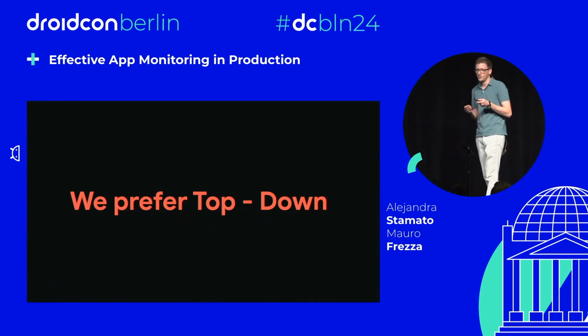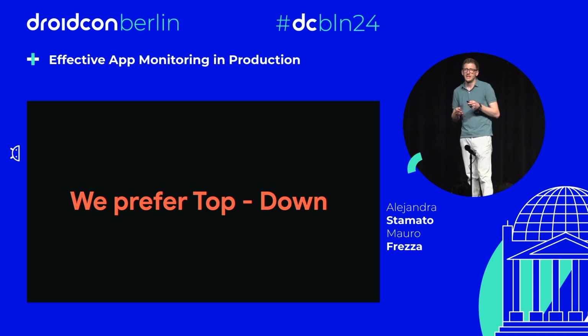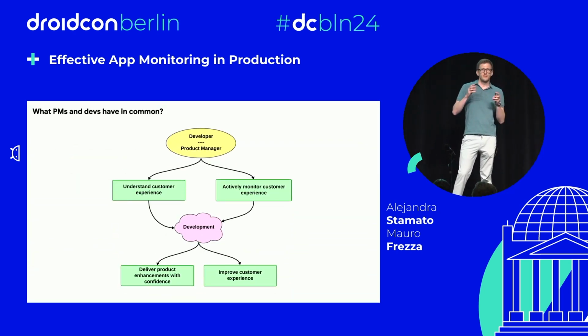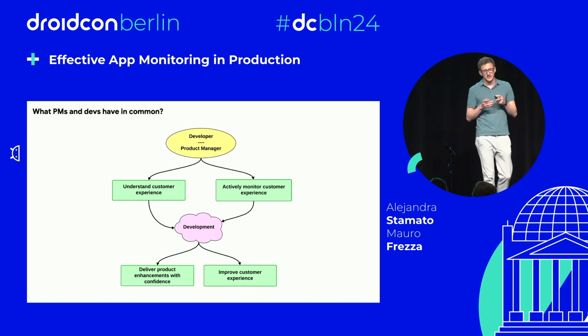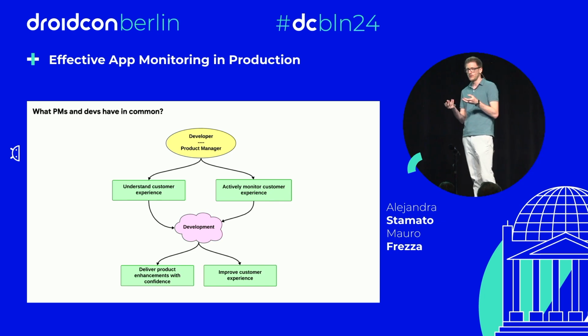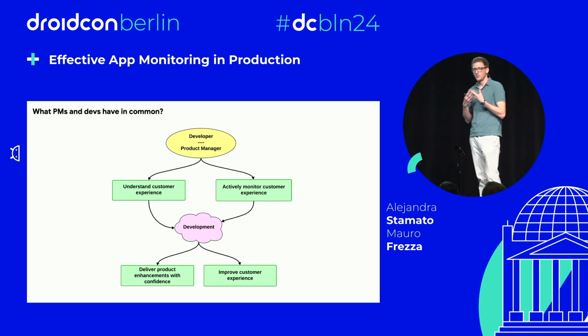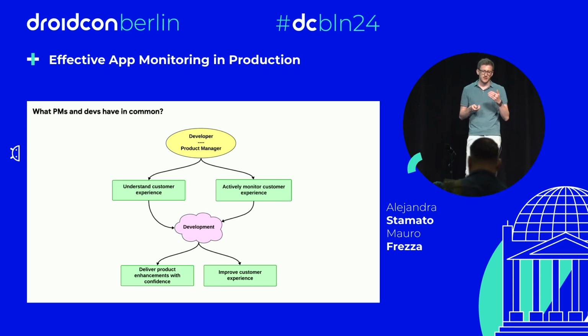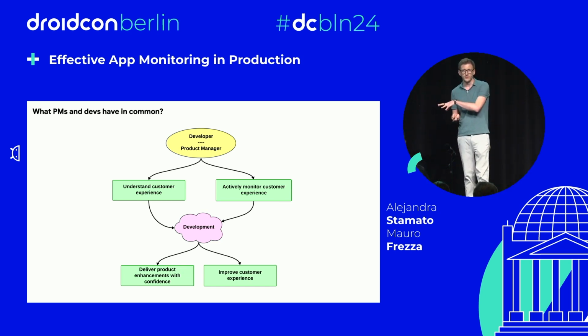In HubSpot, we prefer a top-down approach. The reason is that we believe that developers and product managers have similar responsibilities in terms of understanding the customer experience, actively monitoring it, and improving the customer experience through development. So through development, we can deliver product enhancements and improve it.